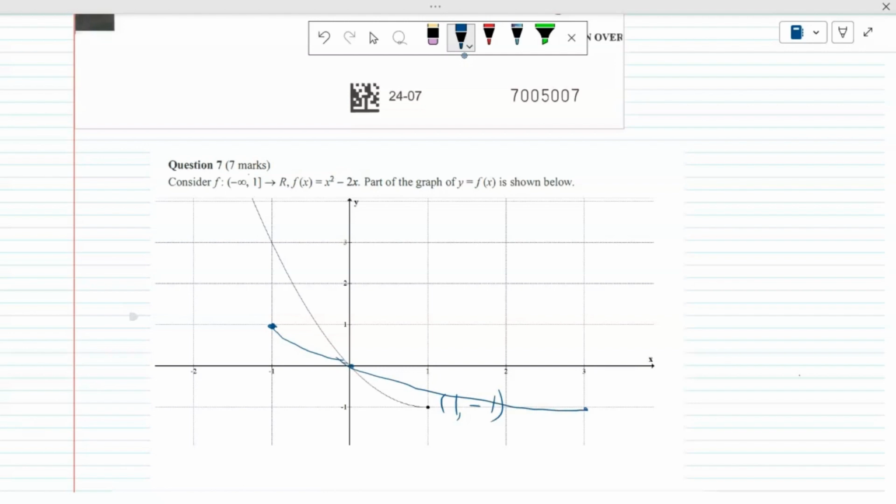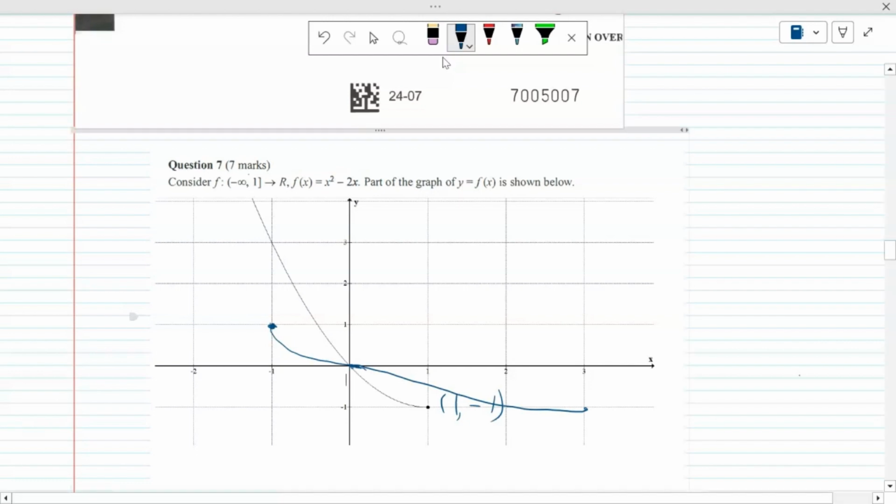Just missed that one again. Can I go more of this? Yeah, there we go, I should go this one here. Much easier when it's on the paper.